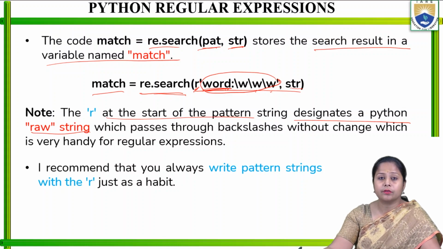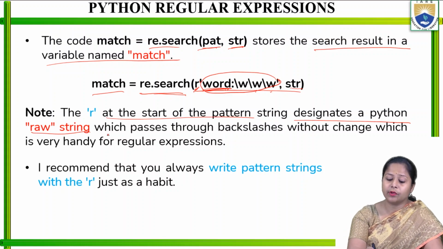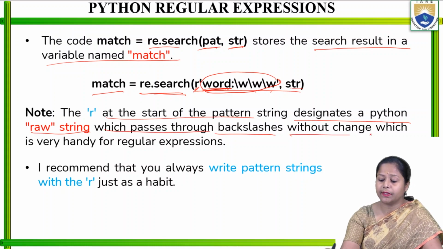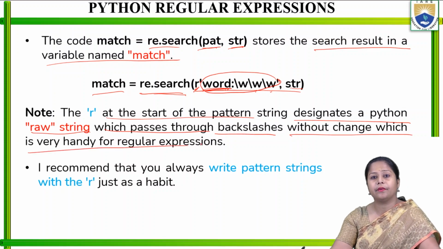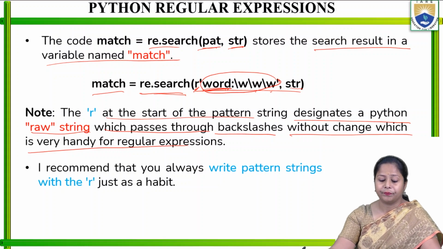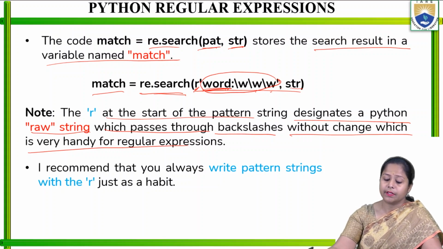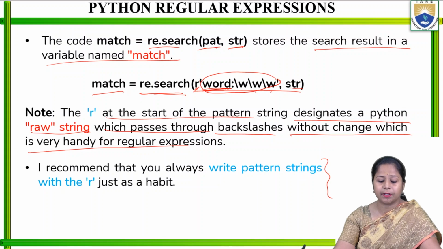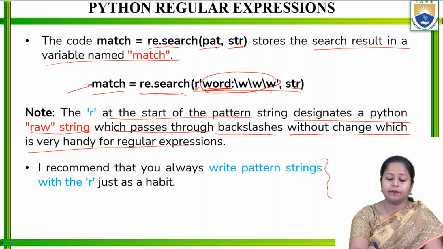That gives the raw string, which passes backslash through without change, which is very handy for regular expressions. No pattern will be changed; it goes directly to search. I recommend you always write pattern strings with the small r, just as a habit, whenever writing Python code.